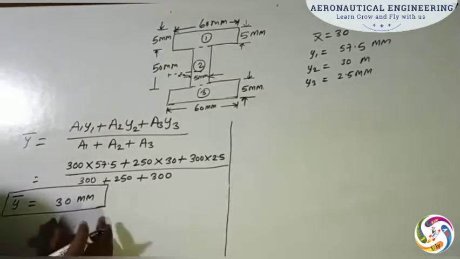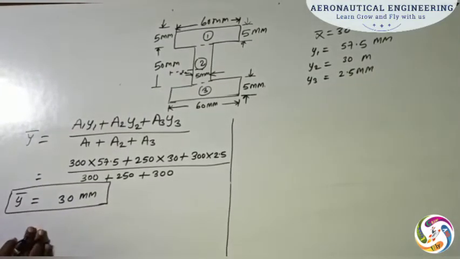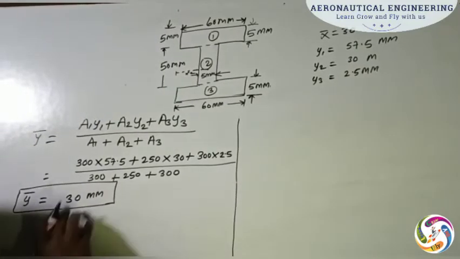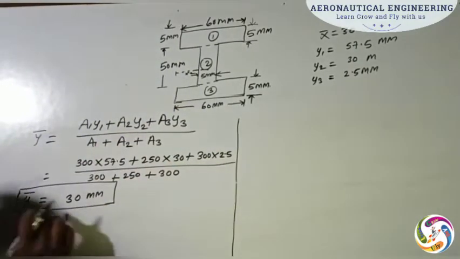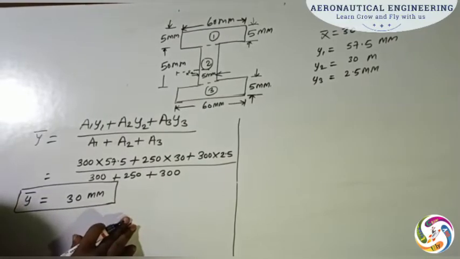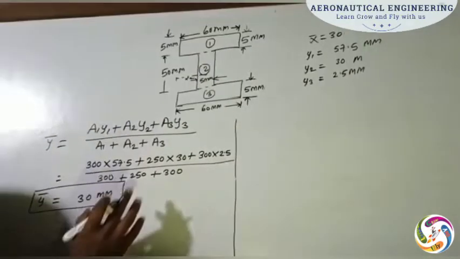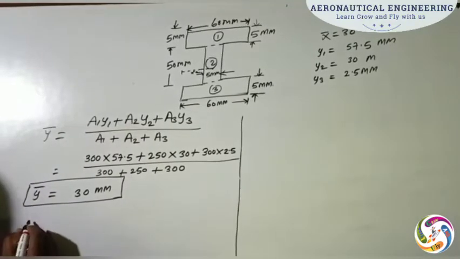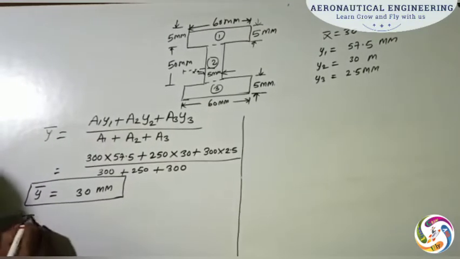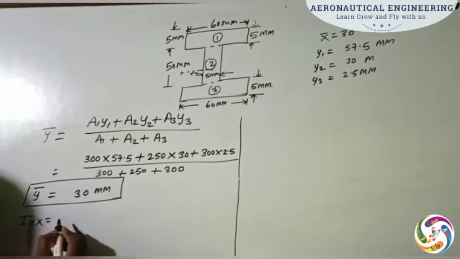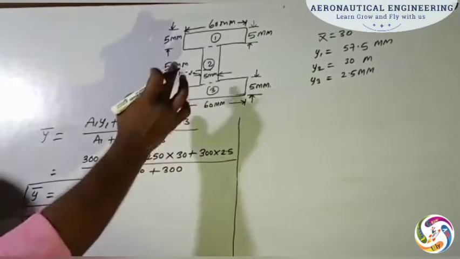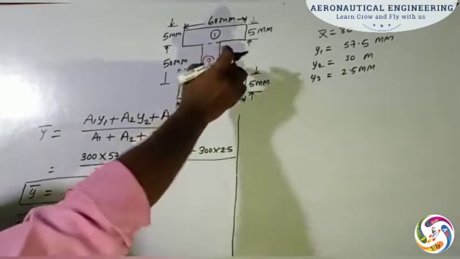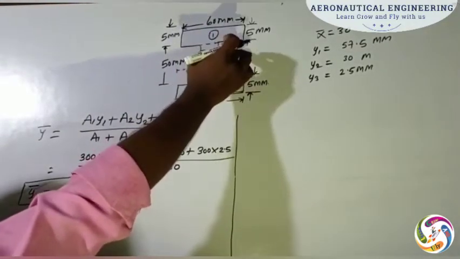Now we have to calculate moment of inertia. We calculated the centroid of that section, that is x bar and y bar. Now we have to calculate moment of inertia. So moment of inertia about x-axis Ixx, for a whole section, we have to add the moment of inertia of each section.